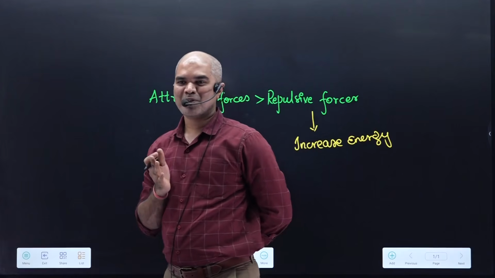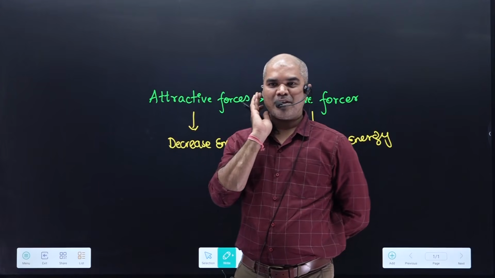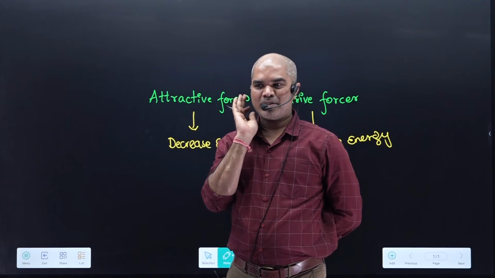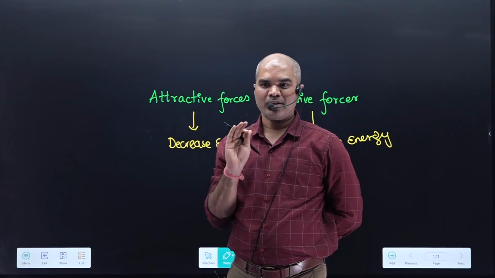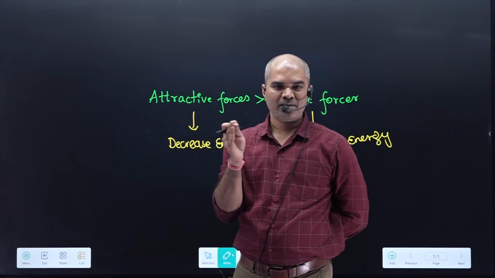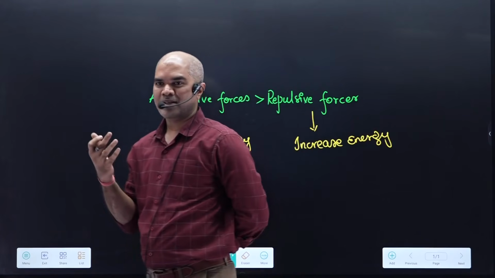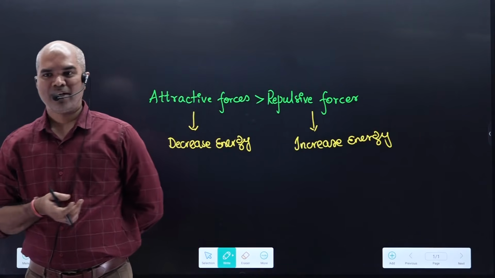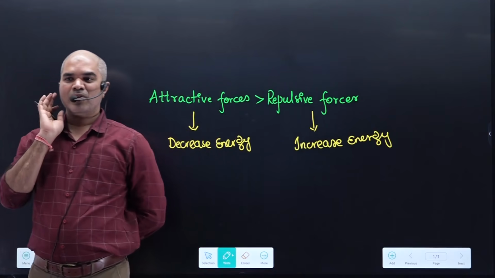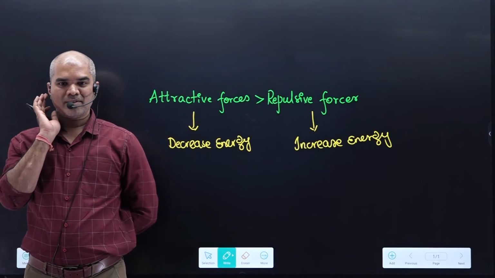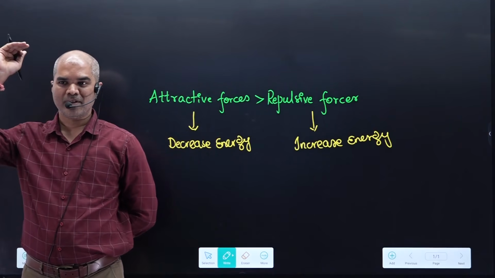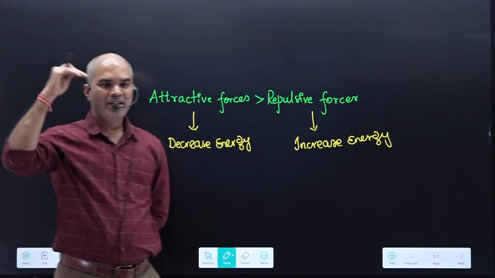You might have seen your friends speaking to their love mate. How do they speak? Very slowly. Even the neighbor cannot listen, because they are attractive forces. But just suppose you fought with your friend and then they made a call. Then how will you speak? With a very loud voice you will speak.